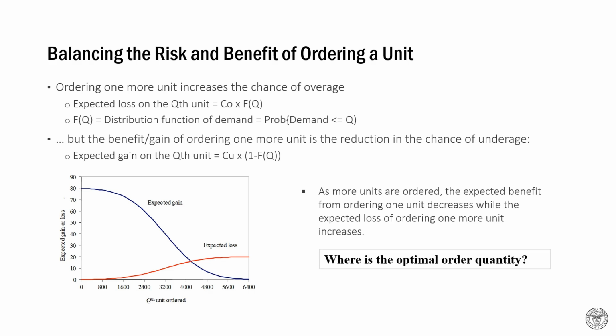So, where does this leave us regarding the optimal order quantity? The optimal order quantity is where the expected gain and the expected loss are balanced, at the intersection point of the graph.